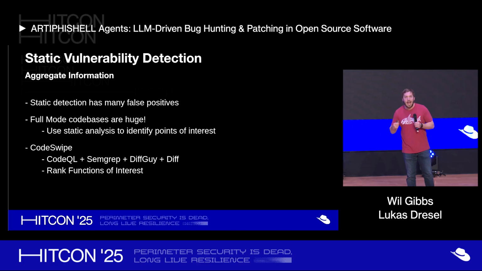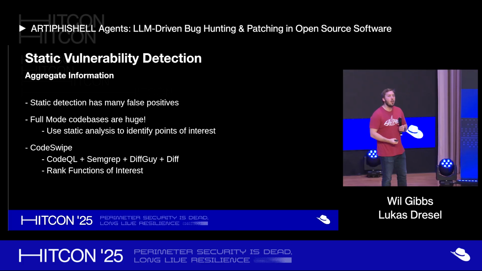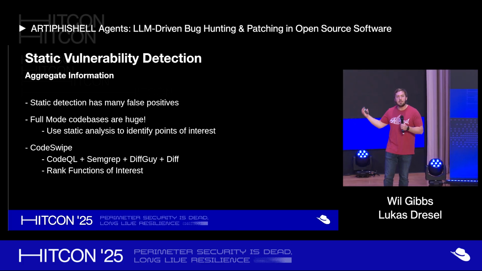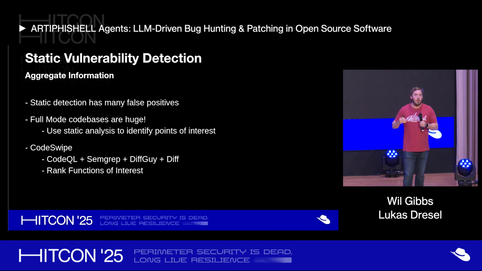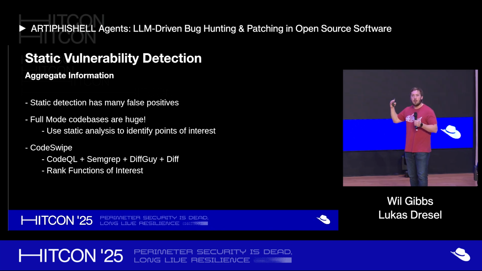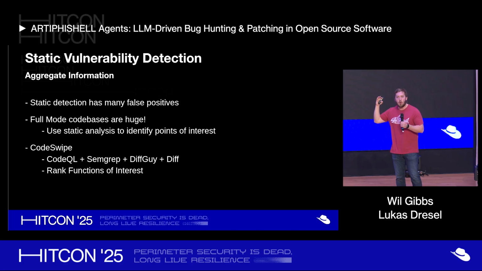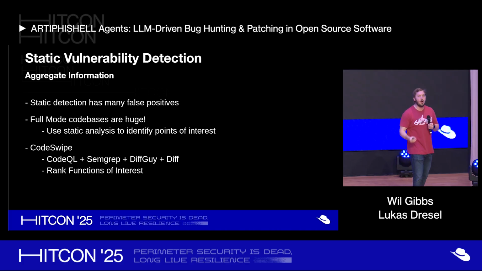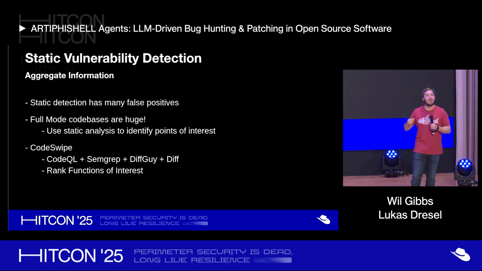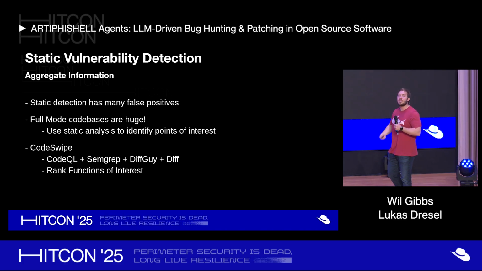And to actually figure out which ones we need to look at, we created a separate component, something called CodeSwipe. Now, CodeSwipe takes all of this information of which functions exist in the diff or which functions are reachable from CodeQL, what vulnerabilities we think we've uncovered, and then assigns heuristic weights to them.